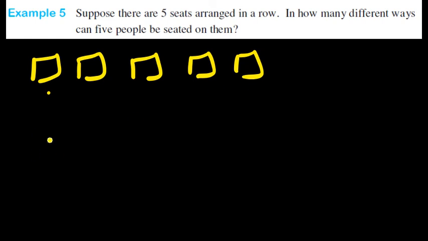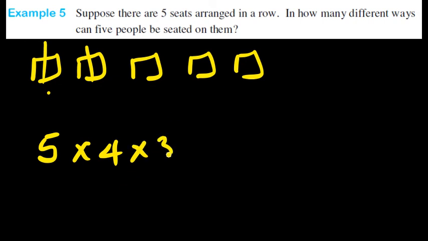So the first person has 5 chances. That means one of the chairs is already taken now, and 4 are left. Now the next person has 4 chances. We will multiply. And the third person also, because the second seat will be taken, has 3 possibilities. So multiply by 3, then by 2, then by 1.